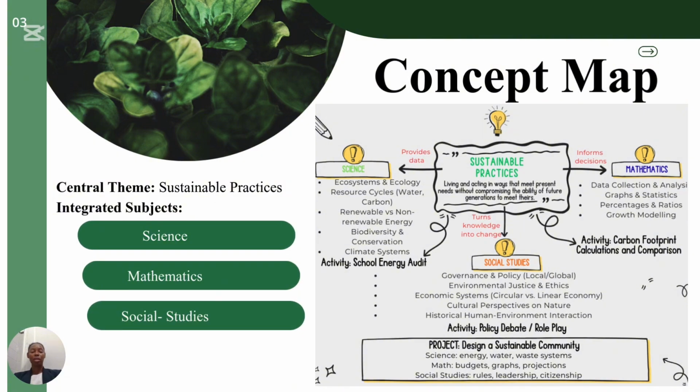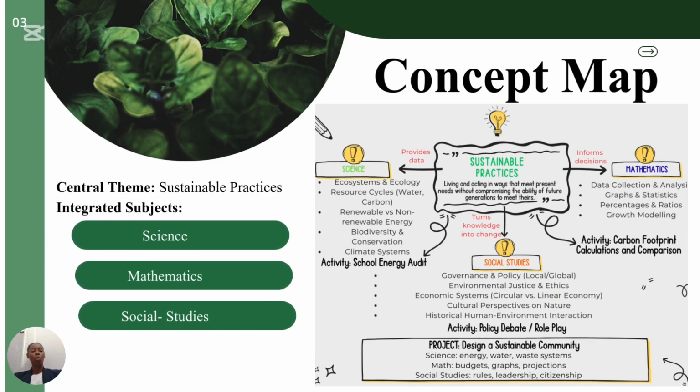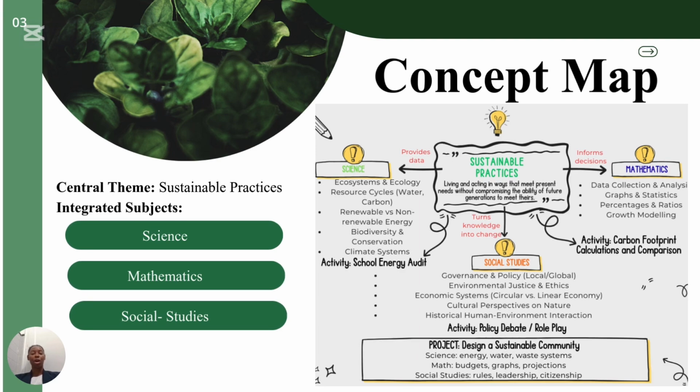Now, these subjects were connected through shared activities. For science, we had a school energy audit that will help the children to look at how well we are using our energy resources. In mathematics, we can actually do calculations on, and compare how much resources we're using over a certain period of time. And that will help us to also measure our carbon footprint.